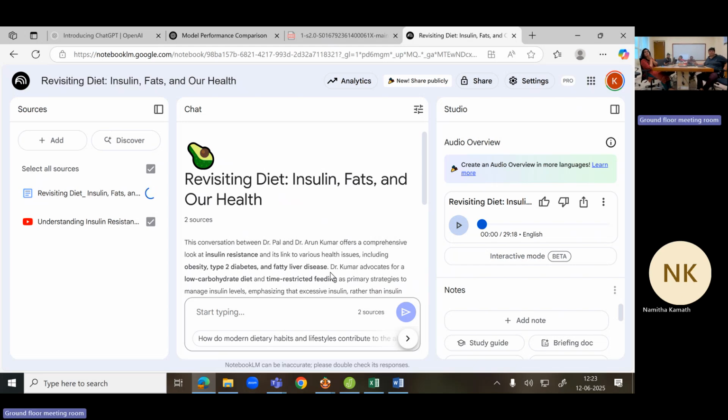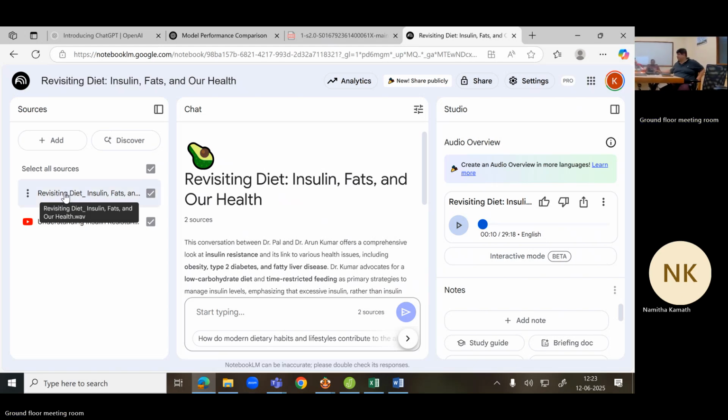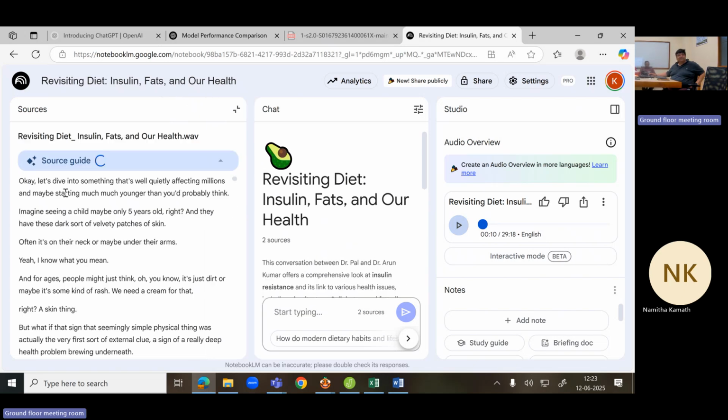This one, if you click on it, is a wave file, which I downloaded and again uploaded as a source. If you click on this, it gives you the complete transcription here.